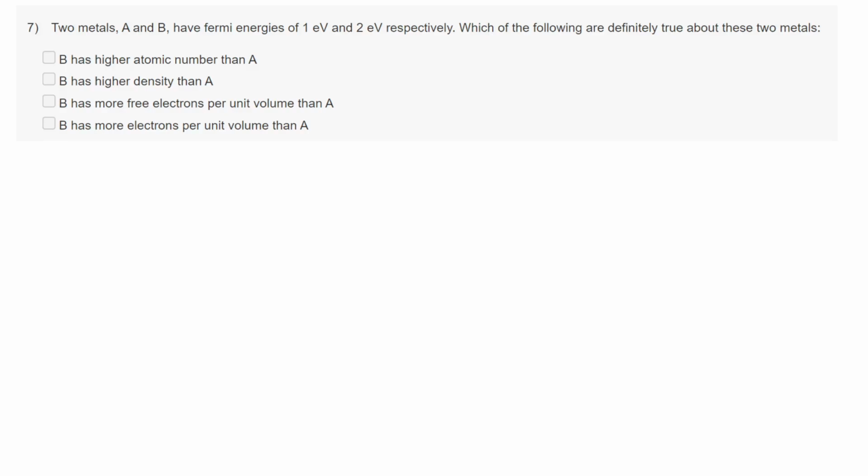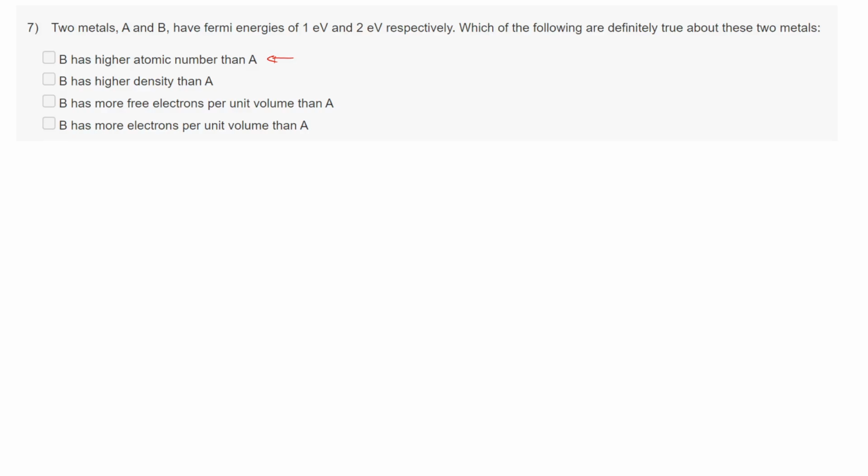So it is not the atomic number which plays a very critical role in determining the Fermi energy. Rather, it is the arrangement of the atoms, or the crystal structure, that will tell you what the Fermi energy is.